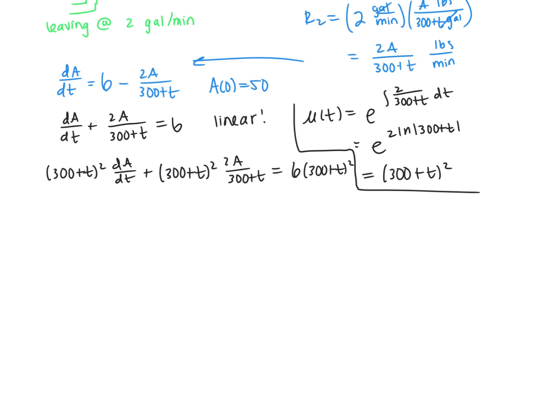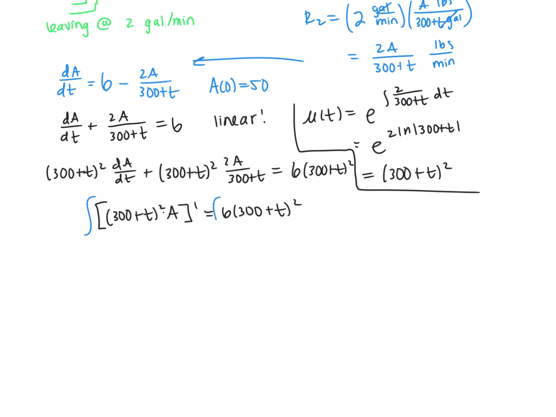If we did things correctly, on the left side we should end up with the derivative of (300 plus t) squared multiplied by A. Don't just trust that. Make sure that is actually the case. Hopefully you can do a quick mental check to show that yes, the left side does in fact end up as the derivative of that product. On the right side, we have 6 multiplied by (300 plus t) squared.